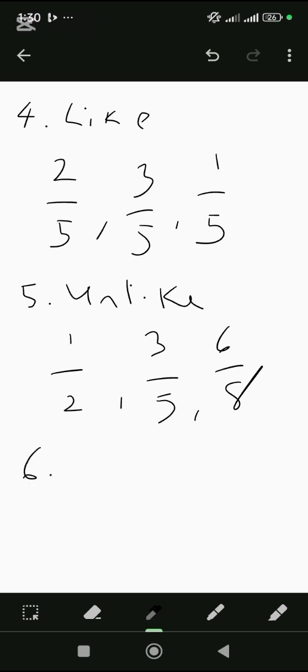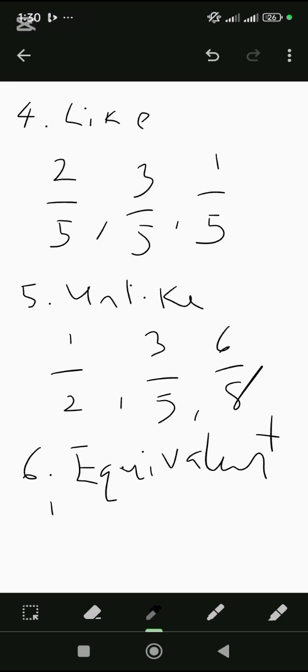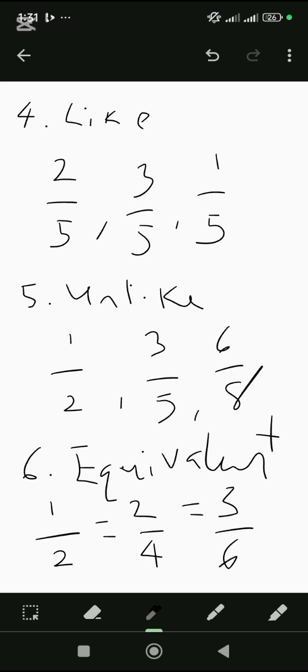We have also what we call equivalent fractions. Fractions that are equal, we call them equivalent fractions. Look at this.